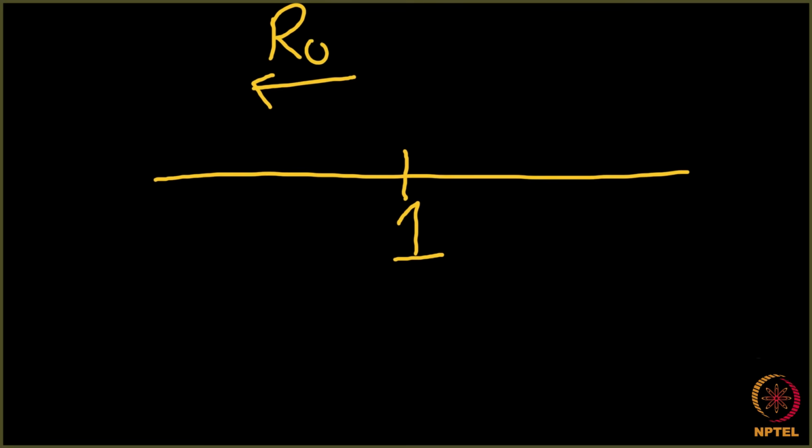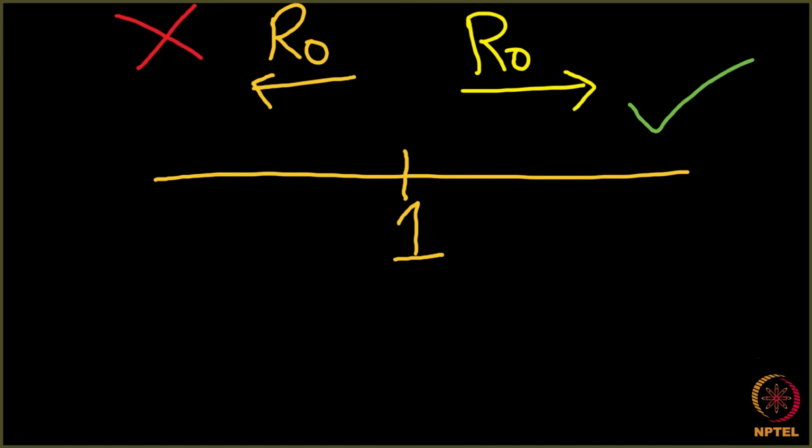So here, let's say here is the value 1, and we say that if R0 is less than 1, your infection dies away. Infection no longer exists. But if your R0 is greater than 1, R0 is on this side, then your infection is going to become an epidemic. So this value of 1 here is becoming so very important.